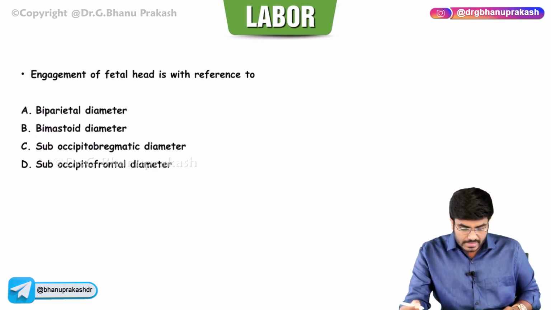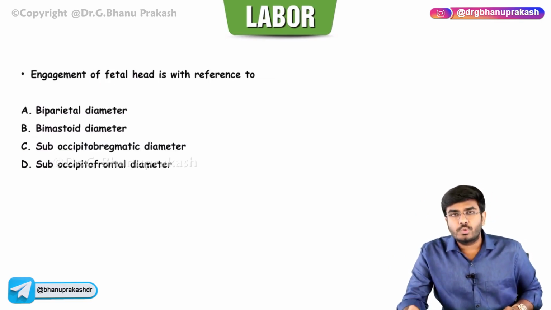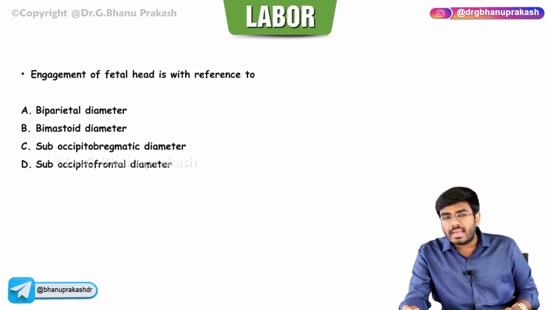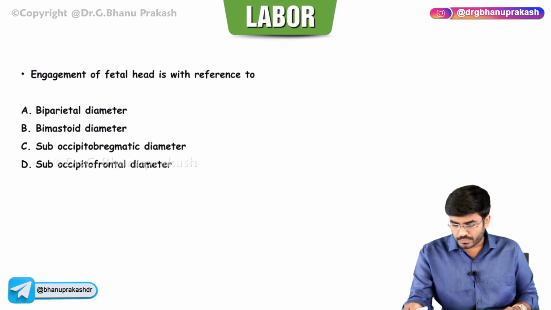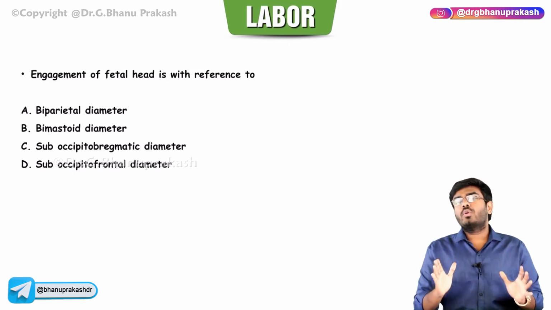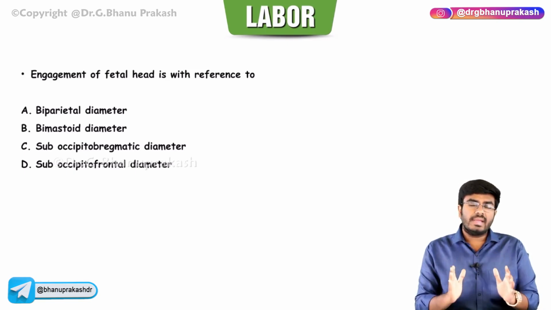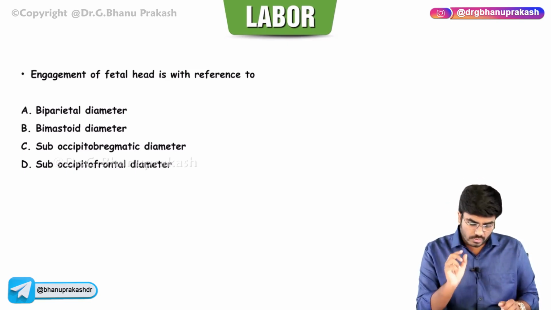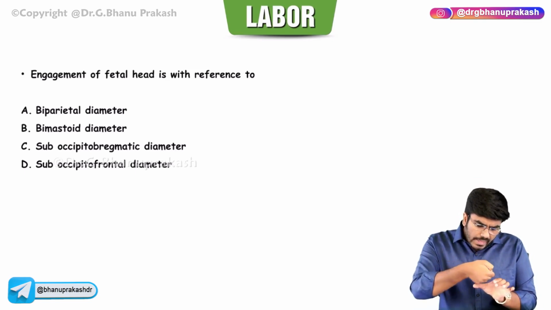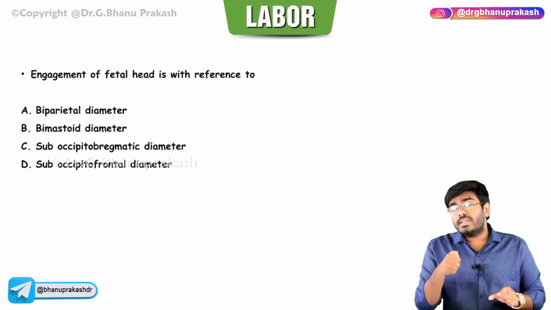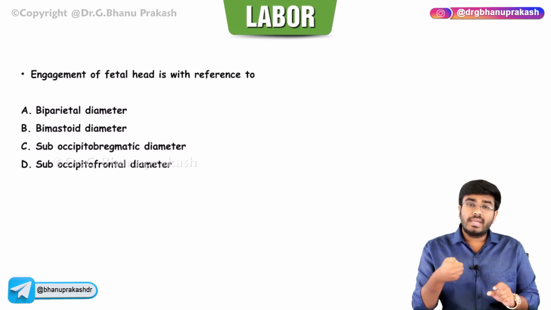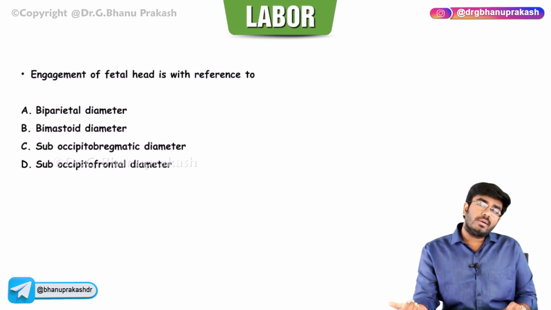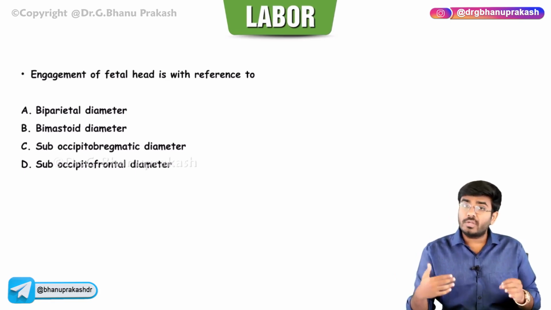Engagement of the fetal head is with reference to what? See what I actually mean when we say the fetal head is engaged. The options are biparietal diameter, bitemporal diameter, bimastoid diameter, suboccipitobregmatic diameter, or mentovertical diameter.